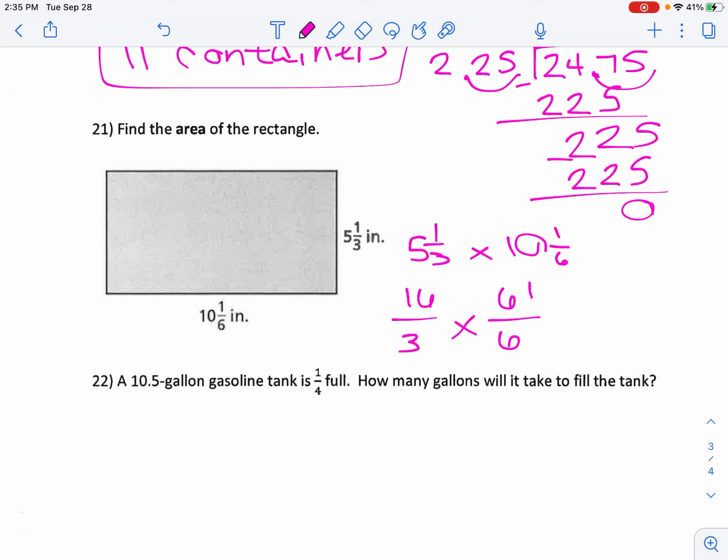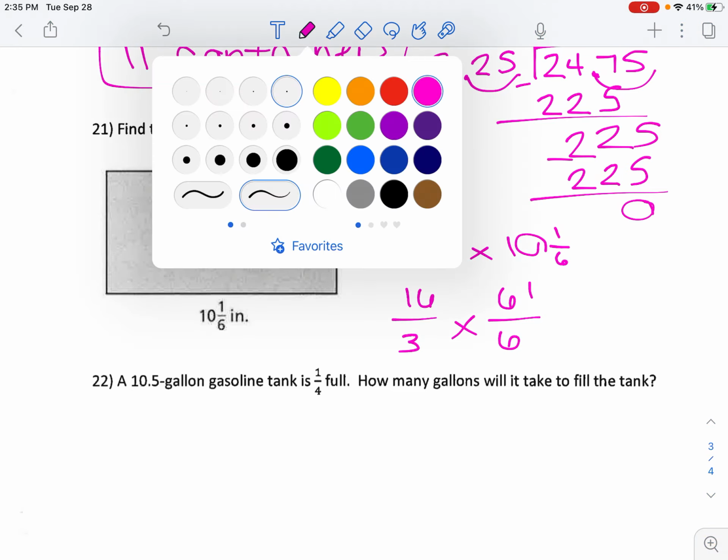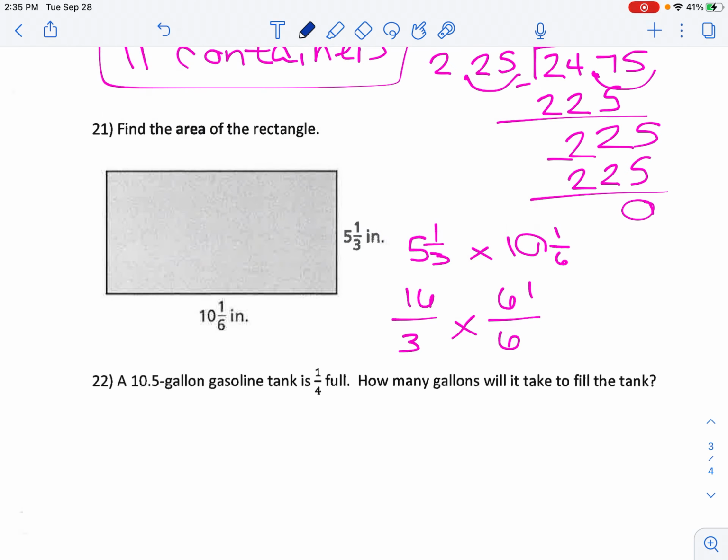Okay. So we're going to cross cancel. We're going to divide by 2 and divide by 2. We're going to multiply across. 61 times 8 is 488. And 3 times 3 is 9.